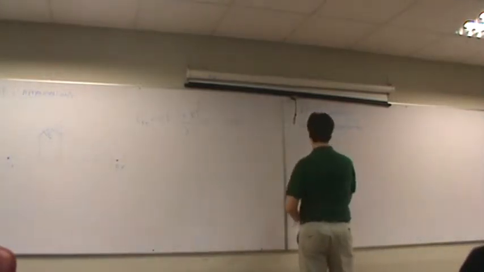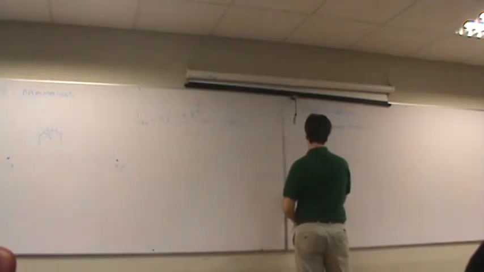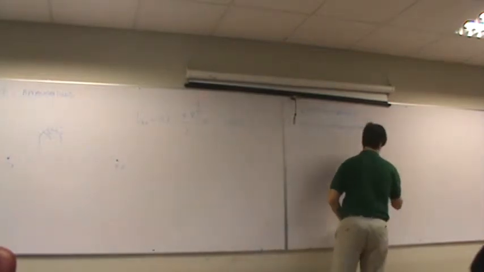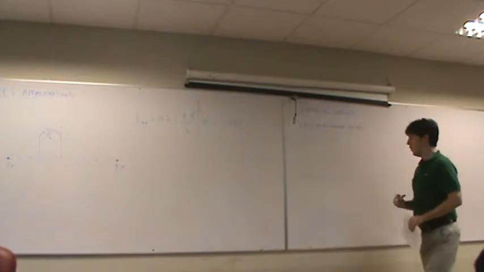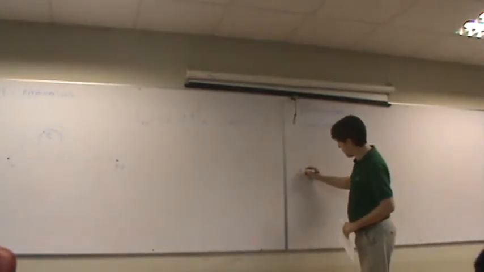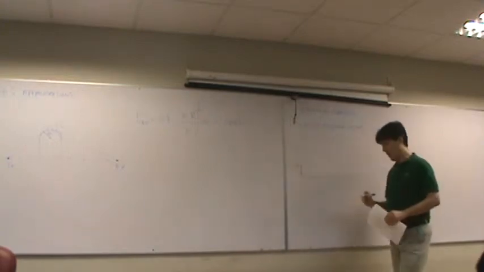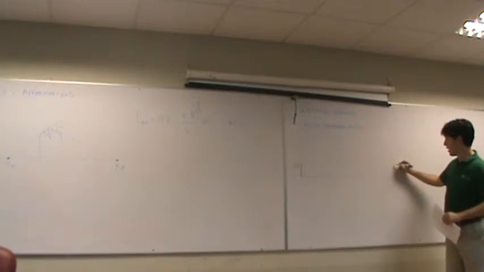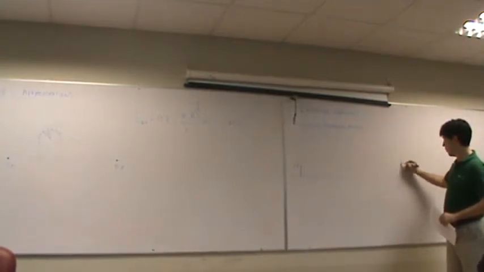Now, what is the Epstein-Peterson method? Okay, so we have a transmitter. Again, the transmitter and receiver are irrelevant. Who is transmitting and who is receiving is irrelevant.